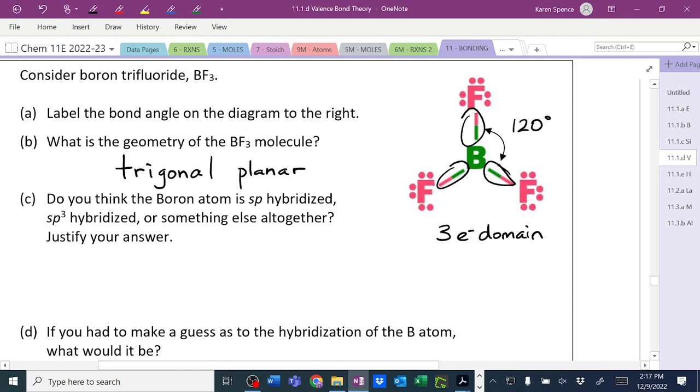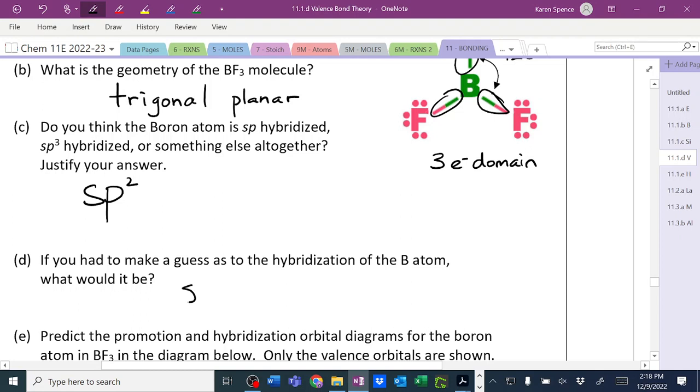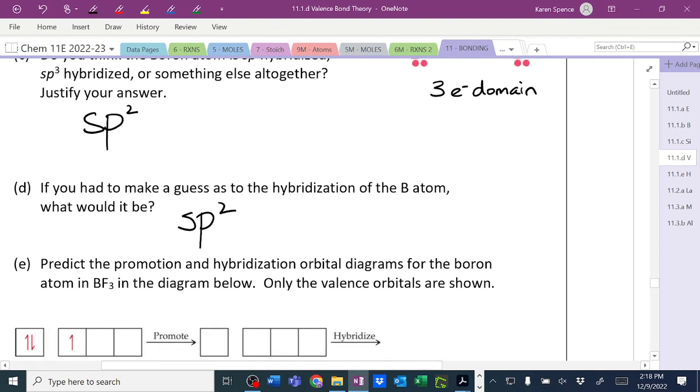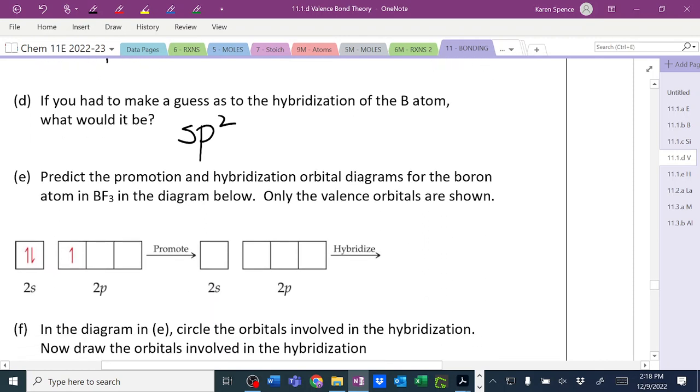Do you think that the boron atom is sp hybridized, sp3 hybridized, or something else altogether? sp2. Let's predict what happens in the promotion and the hybridization.